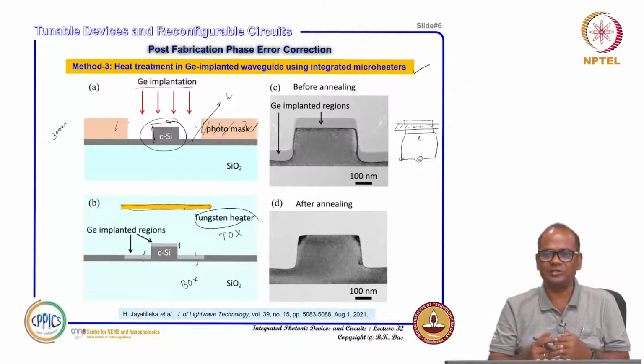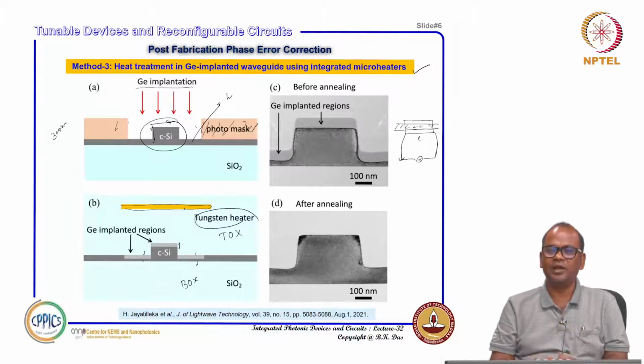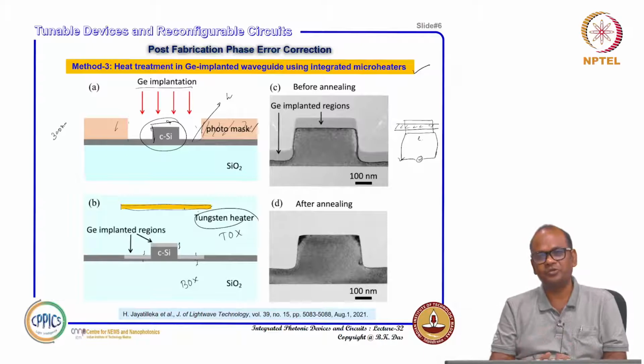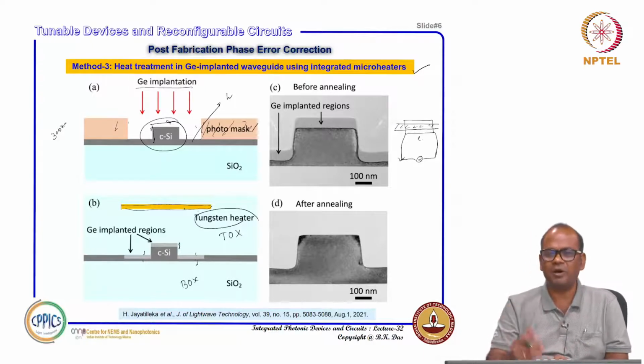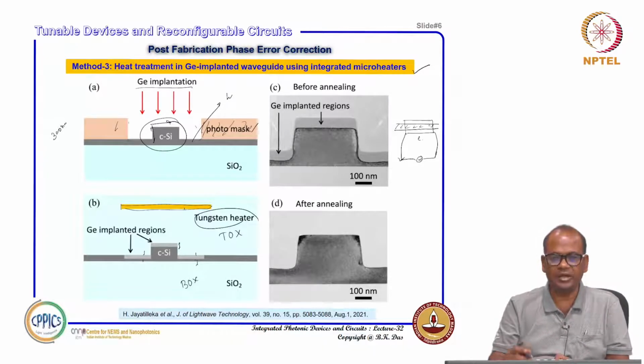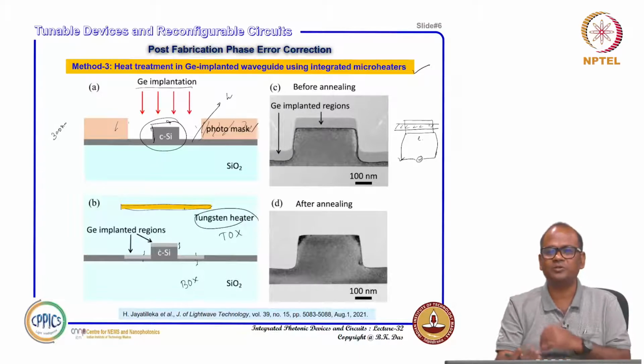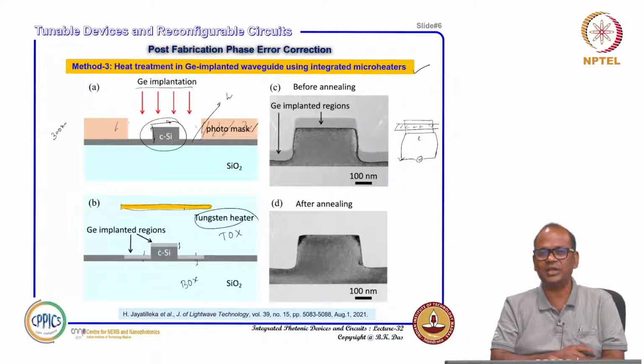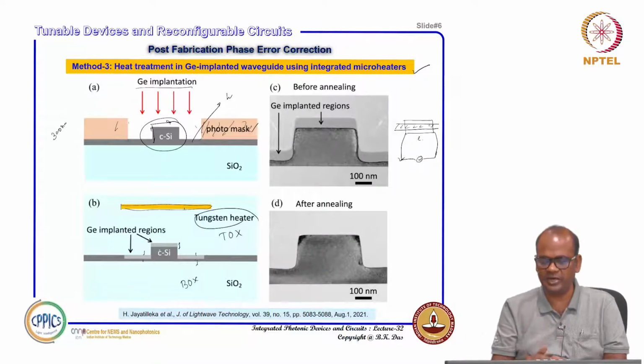The dielectric constant keeps changing, the refractive index keeps changing. You decide how much refractive index change is required to detune your device. That much power you apply to the heater, and then you can convert this amorphous structure into a crystalline structure, so that you can completely restore the device specification as you designed.